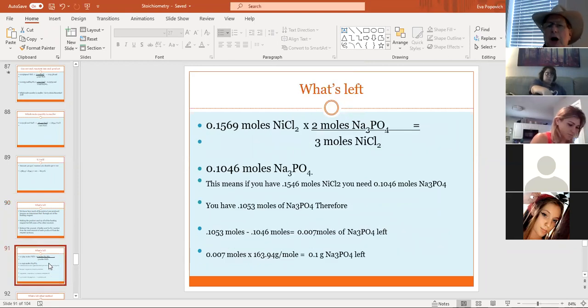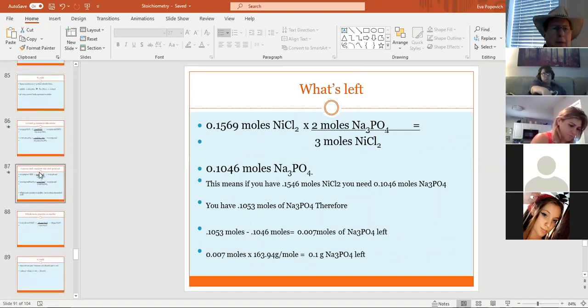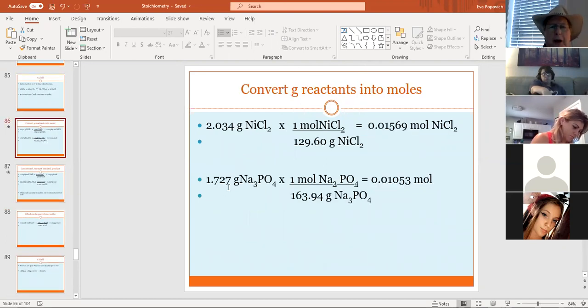So let's see what I'm talking about here. Originally, my limiting reagent was the nickel chloride, correct, guys?